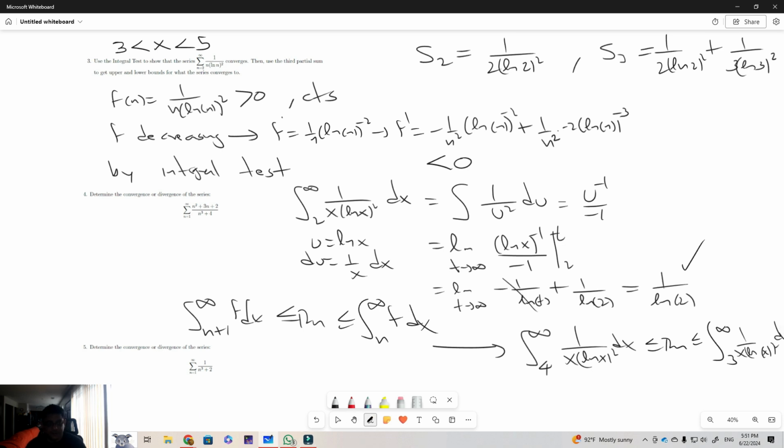As you can see, since it has the same behavior as this, when we take the integrals to infinity, this is just going to provide you with 1 over log of 4 and 1 over log of 3, doing exactly the same integration here. Okay, so it's going to produce those values. And so that's the end of question 4.